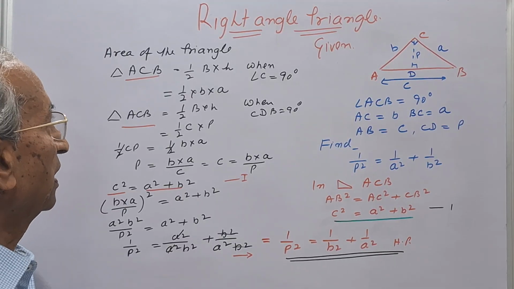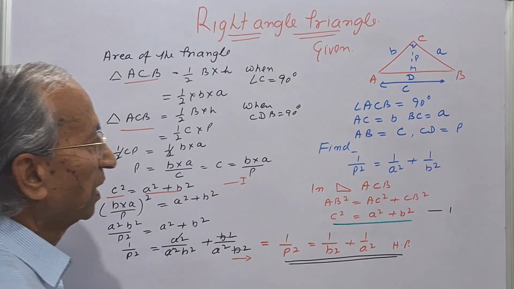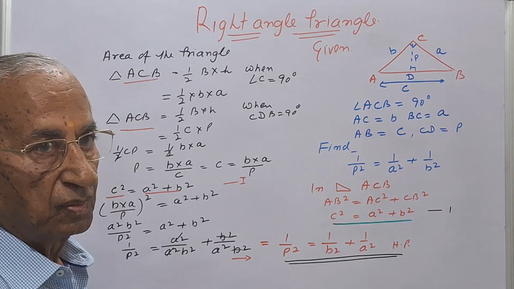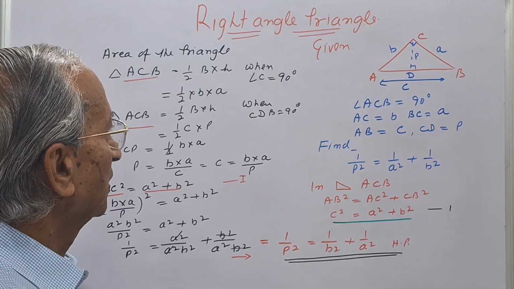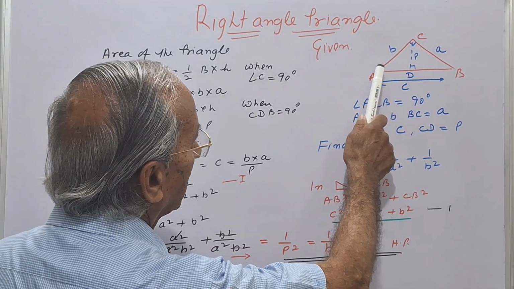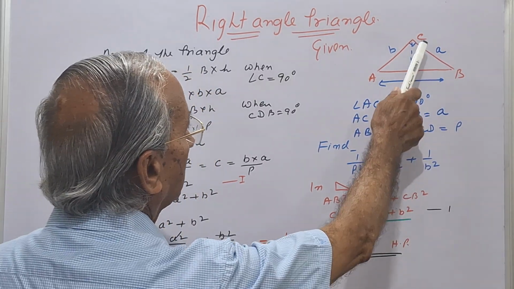Here I will take a very good example of the right angle triangle to explain how to solve the problems. Here it is given that ACB is a right angle triangle.